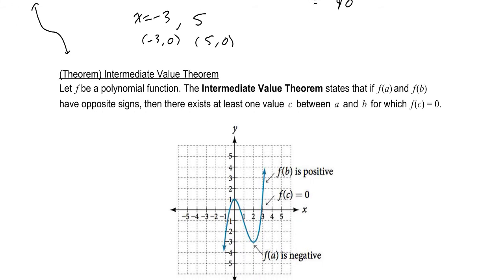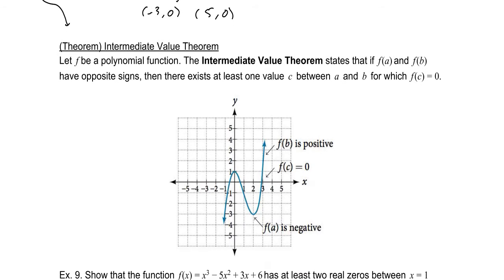All right, the next thing we have here is something called the intermediate value theorem. If we have a polynomial function, the intermediate value theorem states that if f of a and f of b have opposite signs, that is, if f of a is less than 0 and f of b is greater than 0, one's positive, one's negative, then there exists at least one value between the two a and b values such that the function itself is 0.